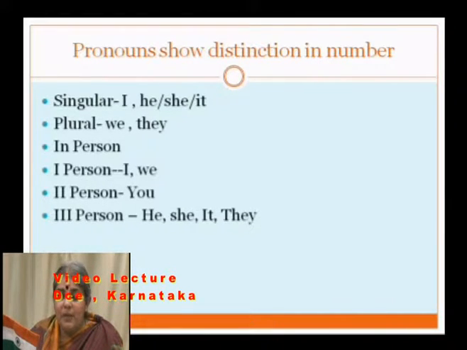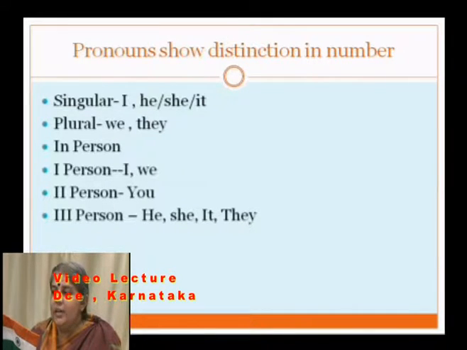In nouns, we saw in yesterday's class how the singular and plural forms are formed in terms of number. In plural form, the general addition of s suffix is seen. Here, there is no suffix to be added, but it is only a marker to show the distinction in number between the singular and plural.